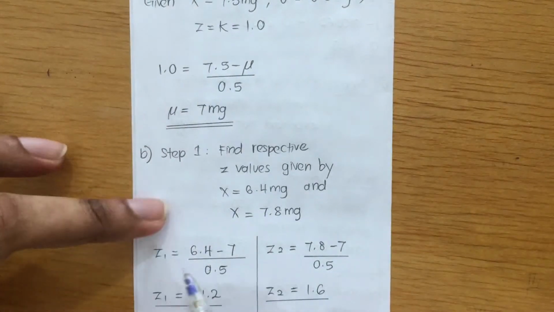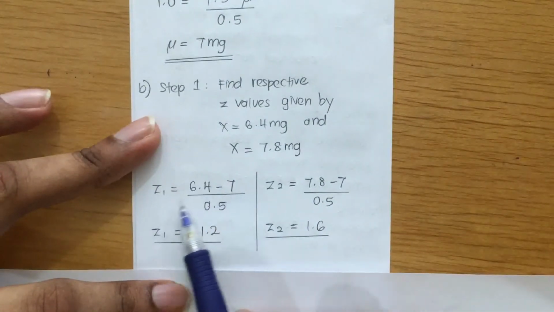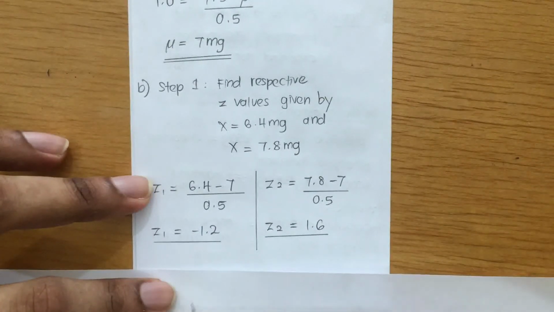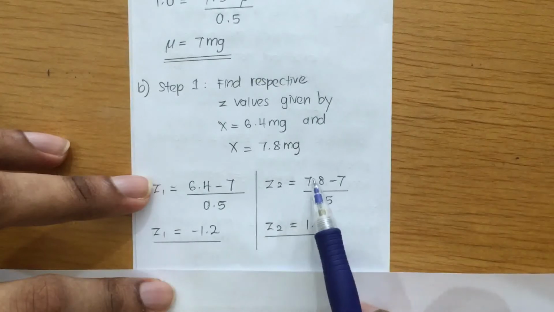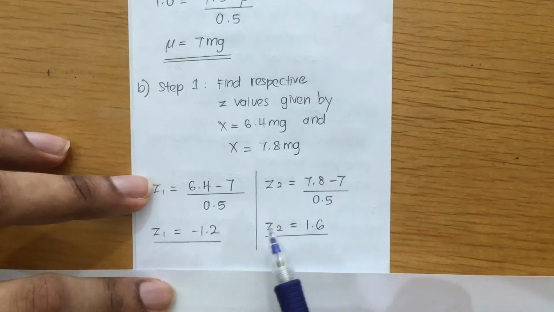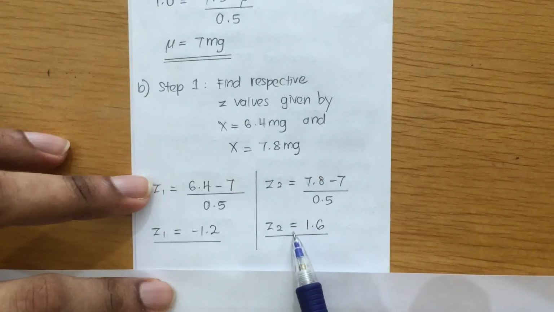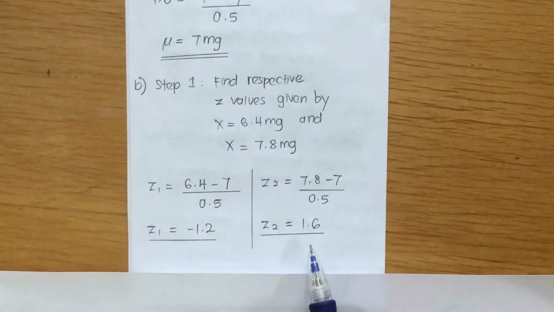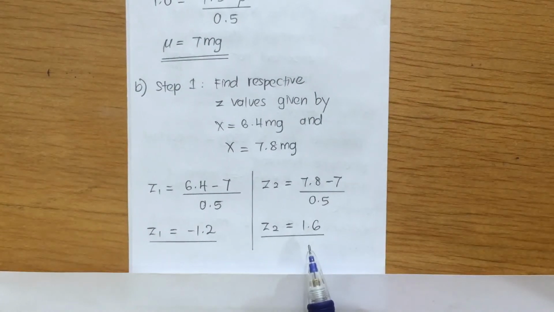For the first Z value, 6.4, you minus 7, you divide by 0.5, you get your Z1 equal to negative 1.2. For Z2, 7.8, you minus 7, you divide by 0.5, so you get your respective Z2 value equal to 1.6. Okay. I'm going to show you the working in the following page, so please hold on for a moment.